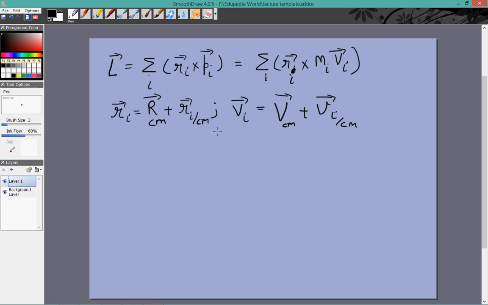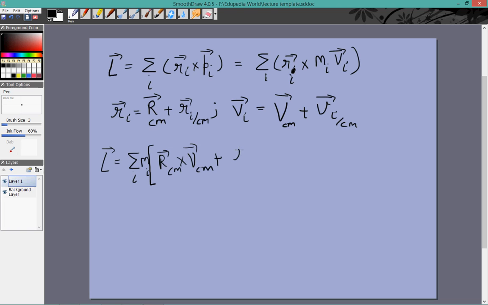So substituting these two in this, I'll get L. Now this is for a body which is both rotating and translating, not pure rotation, not pure translation, but a combination of the two, right? So I'll get summation i, this cross this, right? I'm just going to write Mi outside, and then we'll get four terms. One will be RCM cross VCM.